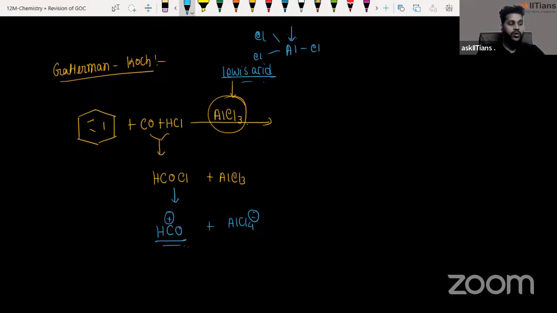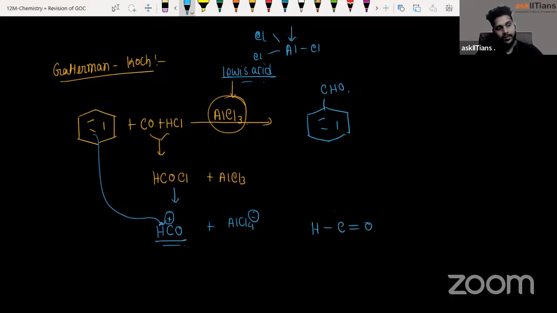Okay, so now what would happen? This HCO plus would be taken up by the benzene ring. That's why we get the PhCHO directly. The HCO molecule looks like H-C double bonded O, then plus.